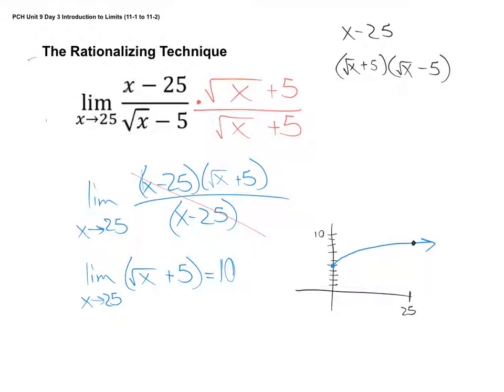Then you have to check for holes, don't you? In that case, notice if I factored the numerator into that and then it was over the radical x minus 5, that would cancel and I'd be left with the root x plus 5 again. Okay? So the old algebra rule that it has to be two perfect squares really wasn't all true.